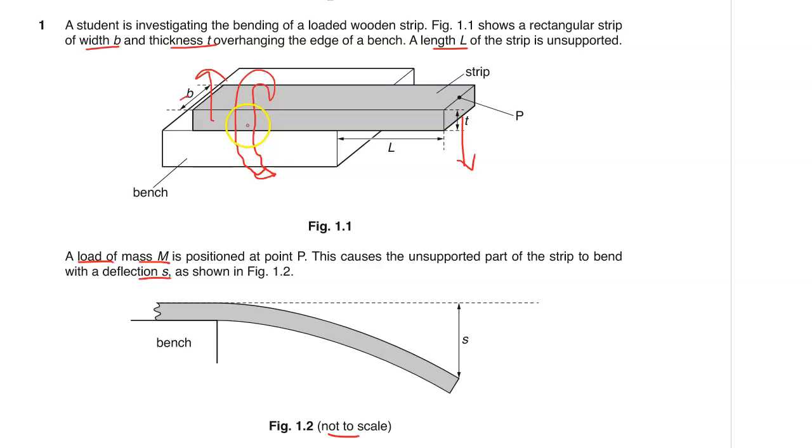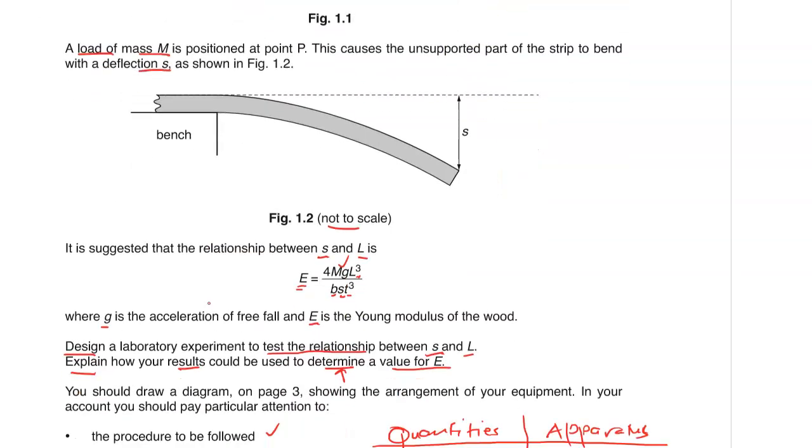So you need a G-clamp there to hold this part of the plank of wood in place. Then of course your mass is going to be right there. So our diagram is really going to be a simple one.